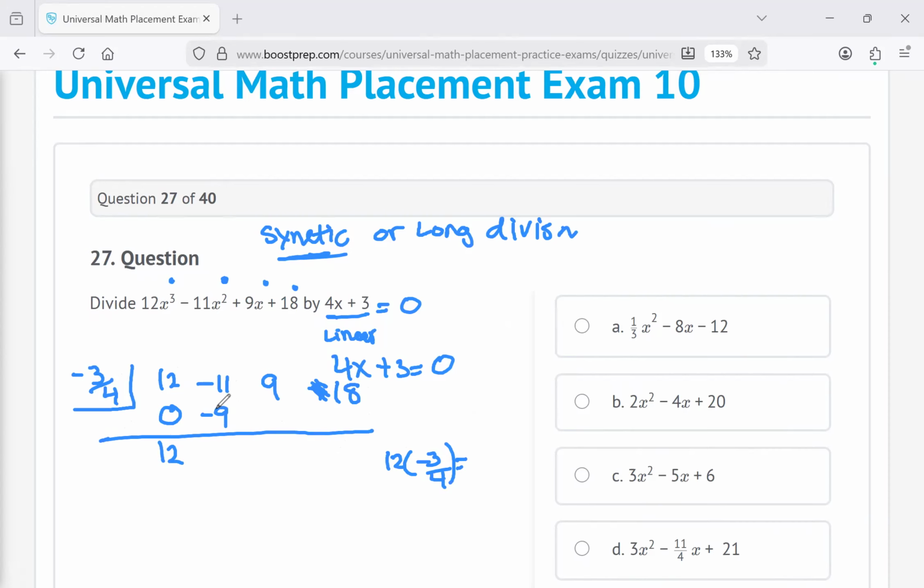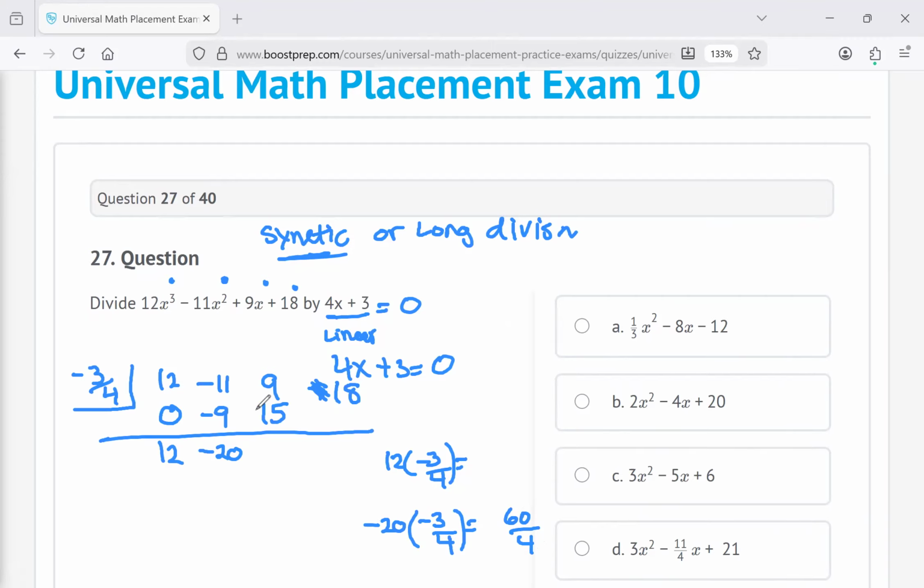So -11 plus -9 is, I believe, -20. And then -20 times -3/4 is 60/4, which is 15.